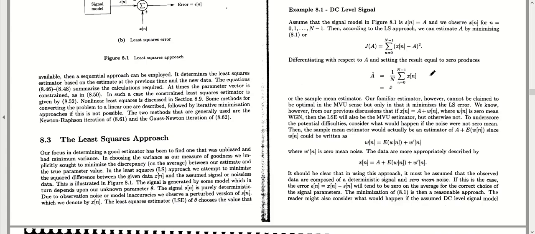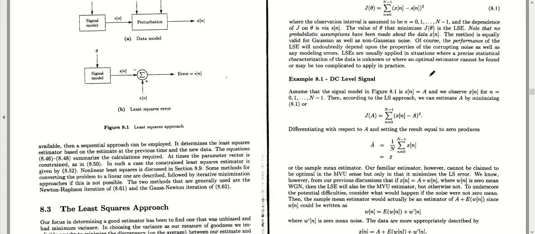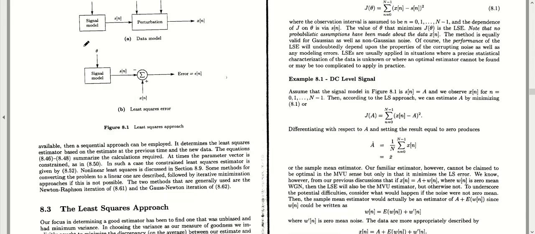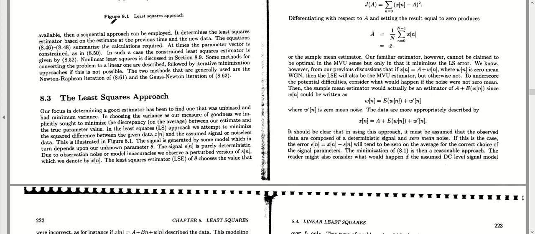Okay, so let's take a look at this next page, 220, chapter 8.3, the least square approach. Our focus in determining a good estimator has been to find the one that was unbiased and had minimum variance.